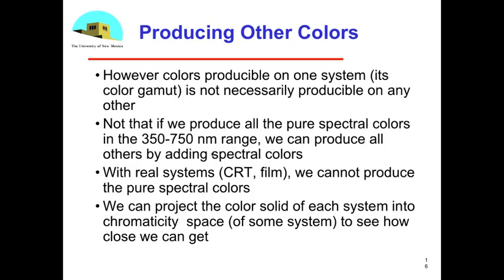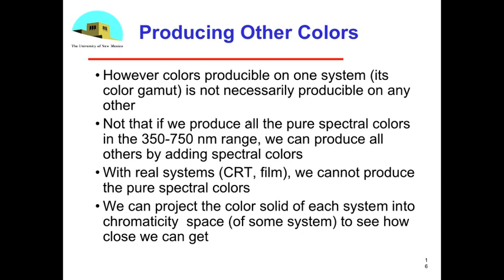Now, if I want other colors, the argument here is it's not necessarily producible in another system. How can I tell? Well, if I take all the T1s, T2s, and T3s for a given system, and I map it into the other system, so it's really changing to a different set of primaries, what you'll find is that in the new system, the T's are not necessarily restricted to being between 0 and 1.